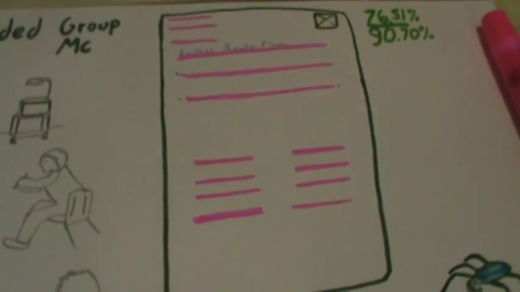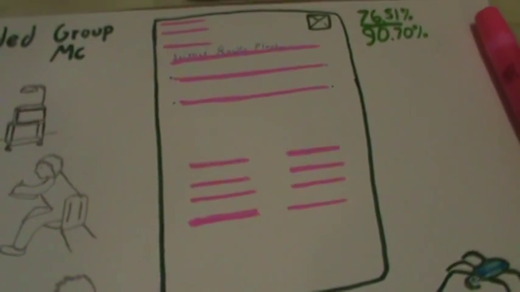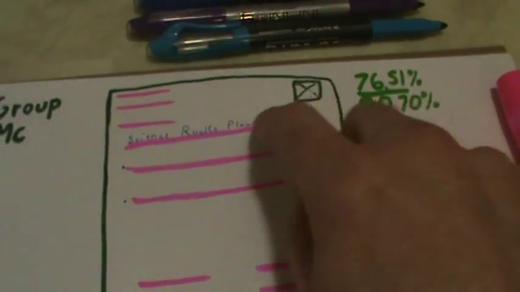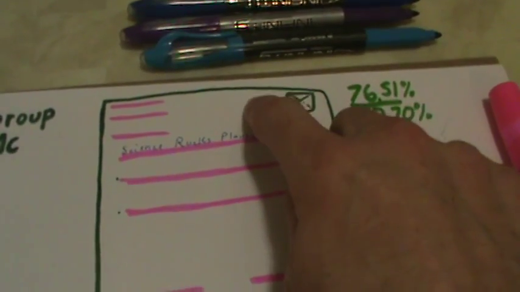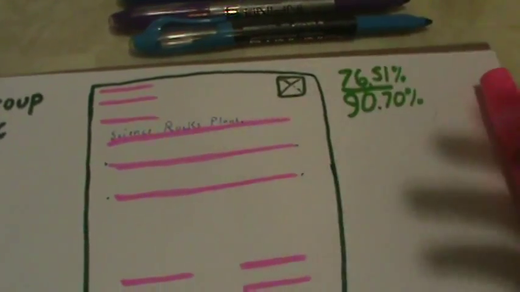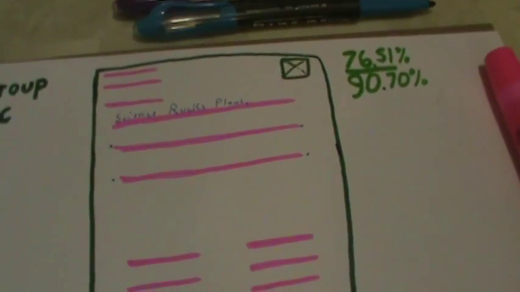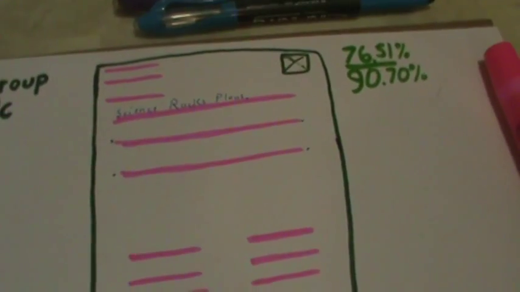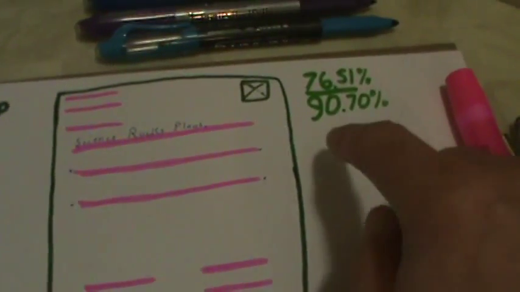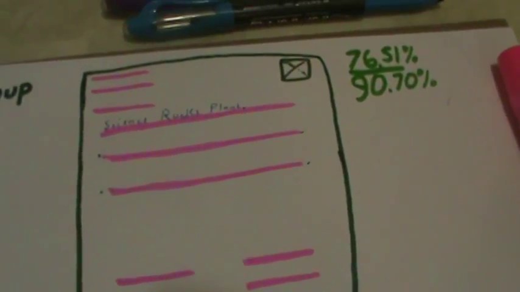I don't know about nowadays, but a couple of years ago when I was in school, they used to do that. Like I may have mentioned before, they would place a sticker right here in the center or off on the right corner, and a lot of times it was a smiley face. And usually what does that mean? They show your scores, and from there it'll be a sticker.